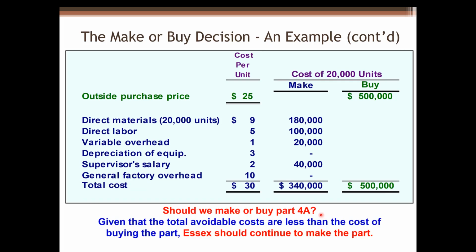So back to our decision, should we make or buy part 4A? The total cost of making 20,000 units of part 4A is lower than the cost of buying. If ASICS makes 20,000 units, it can save $160,000. So ASICS should continue to make the part.